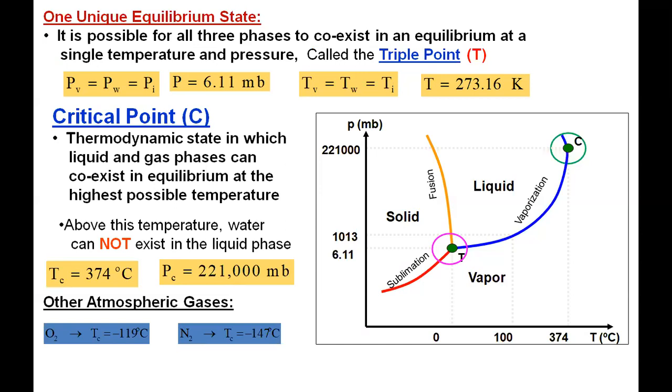بالنسبة للwater والvapor والice, so it is possible for all three phases to coexist in an equilibrium at a single temperature and pressure.